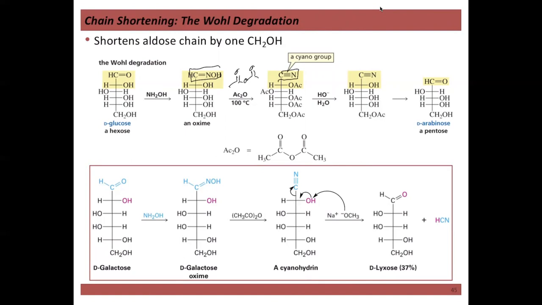And notice that when we mix it with acetic acid, we actually make esters on every single one of our OHs. That's chemistry that we just talked about. So what you've done is you've converted all those OHs into acetyl groups. And then what we do is we go and deprotect those acetyl groups.